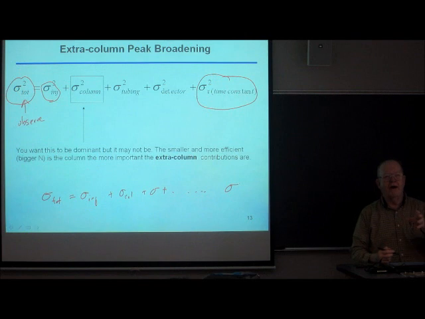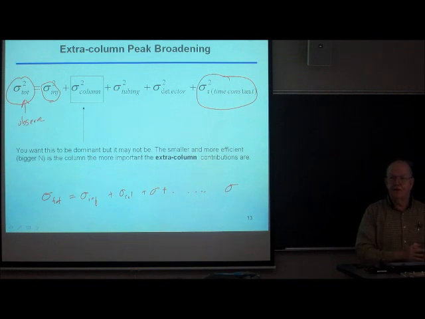So the square is actually helpful because it says more often than not there's one dominant term. And guess which one we want to be dominant? We want the column to be the major contributor to the peak width.